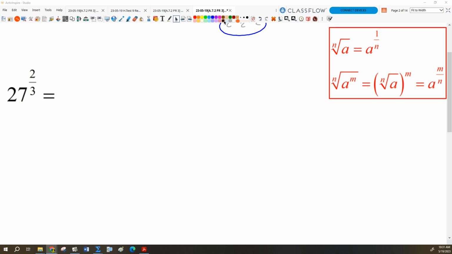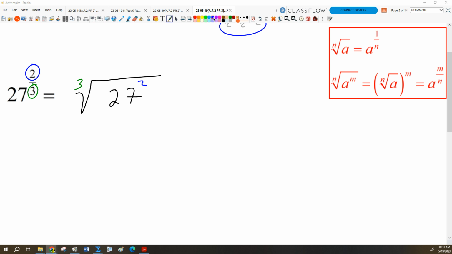So then, what goes where? The 3 that was on the bottom goes there. The 2 that was in the top of our fraction goes there. Okay, that's good. That's how we could write that. What's the other way of writing that?